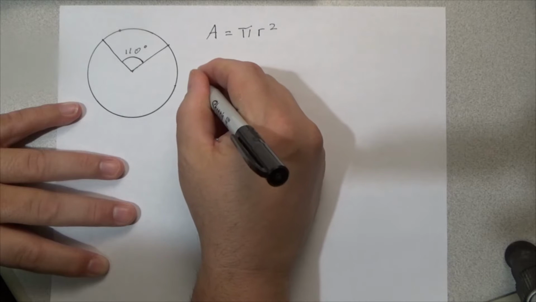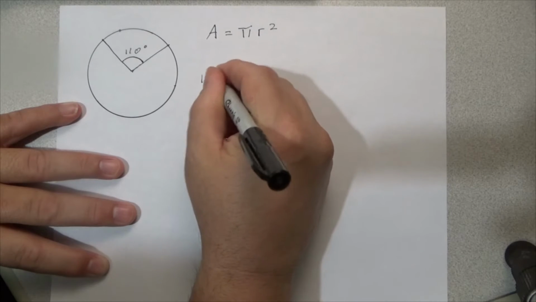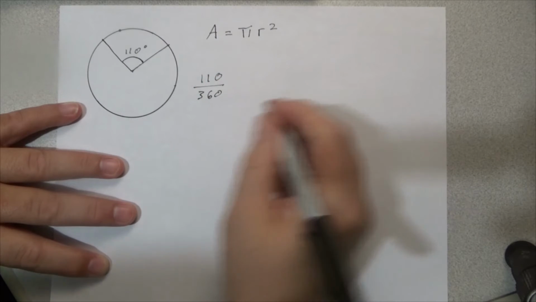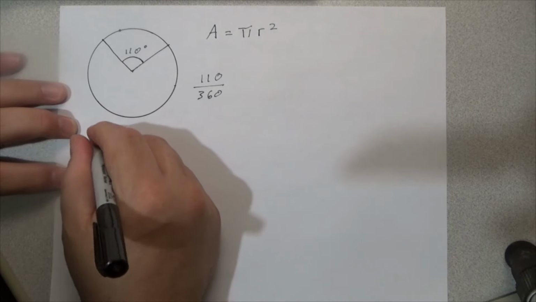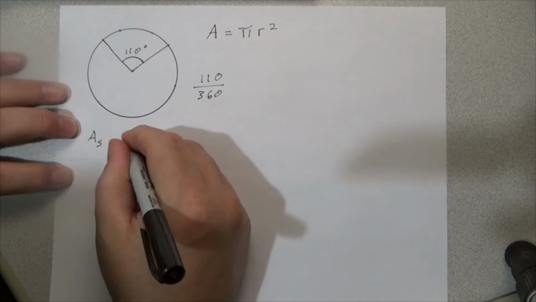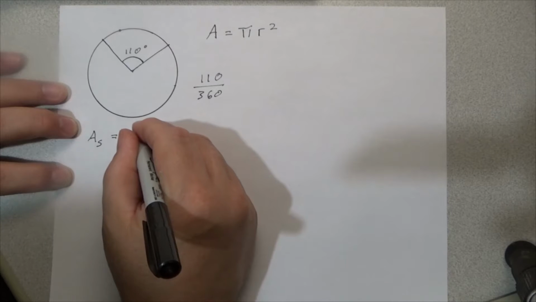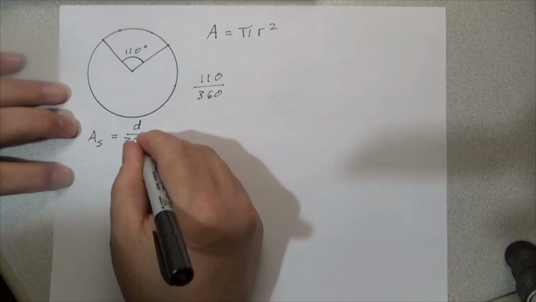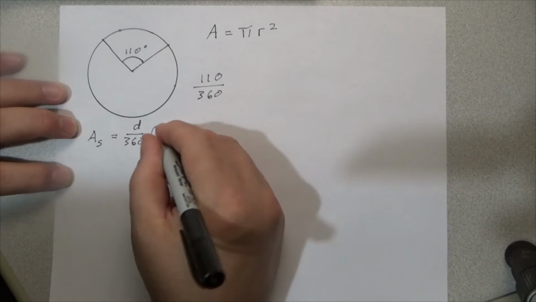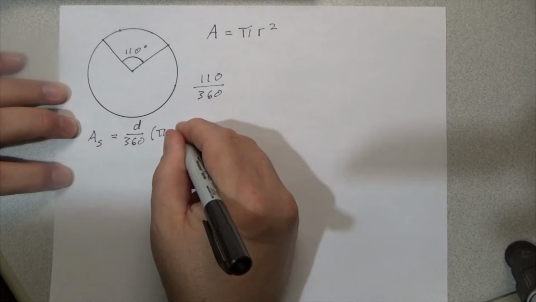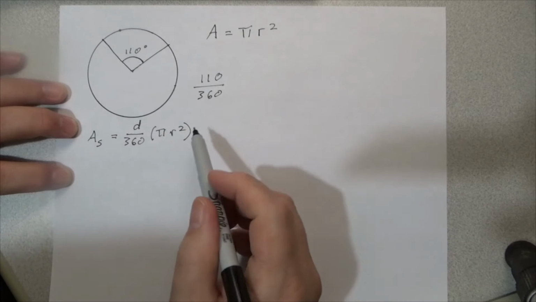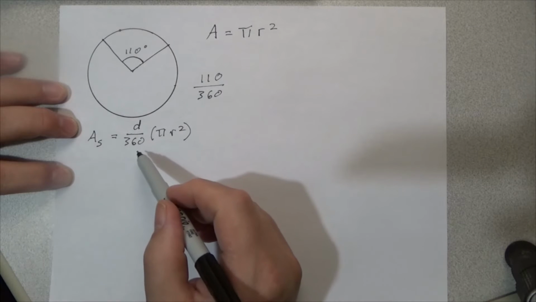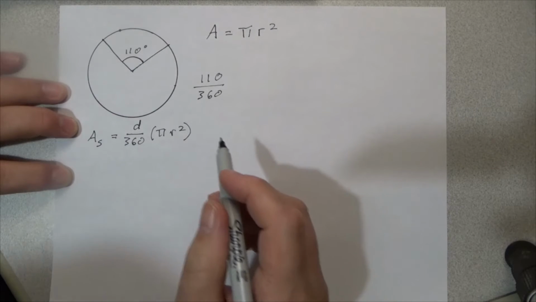And that fraction that I'm looking for is 110 over 360. So the area of a sector is equal to the degrees of the angle divided by 360 times pi r squared. So it's the area of the circle, but only a fraction or a percent of the area.